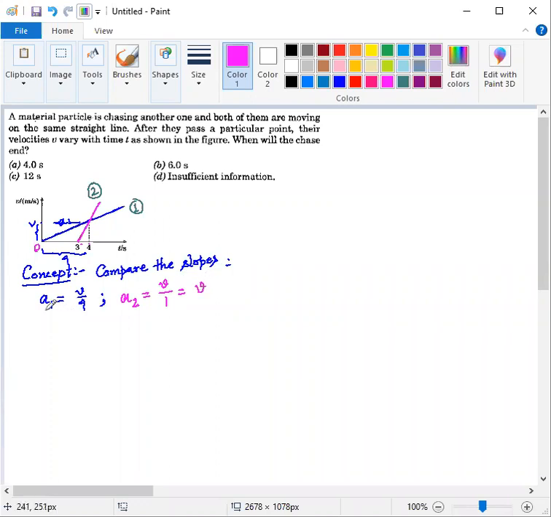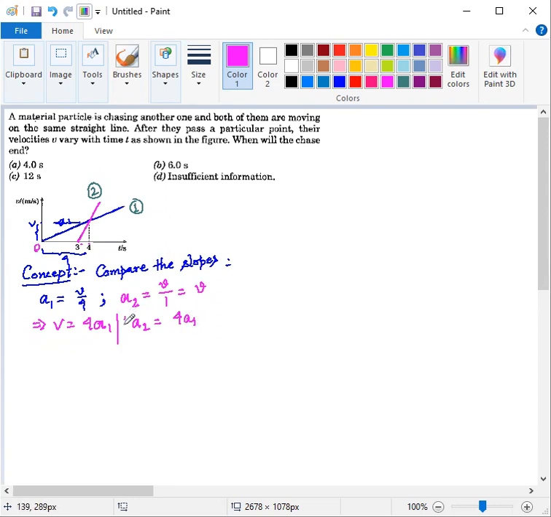But from the first equation, v equals 4 times a1. Substituting the value of v in this equation, a2 equals 4a1.